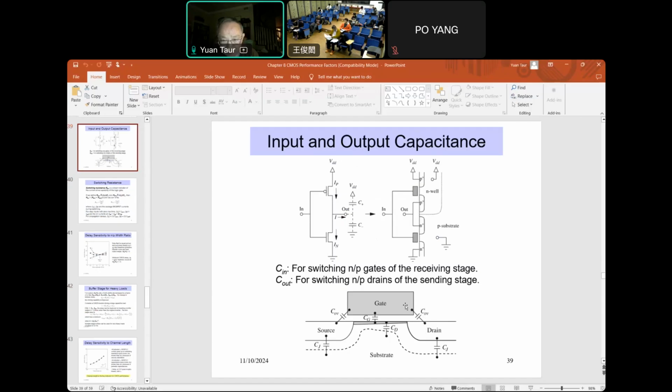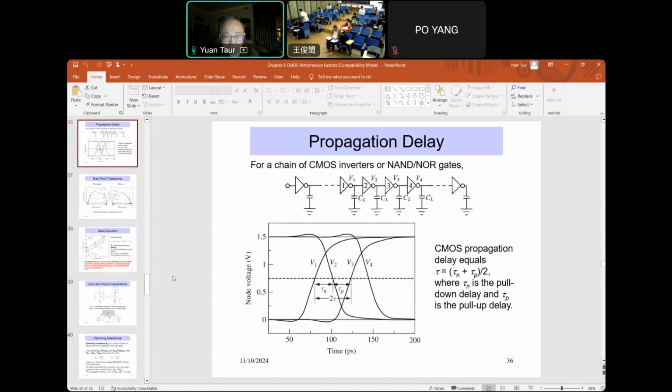With no time, the drain will first go up with the gate, and then the discharging current flows to discharge the drain load. Okay, so you can see clearly in the waveform that V2 actually goes up higher than VDD before it goes down.